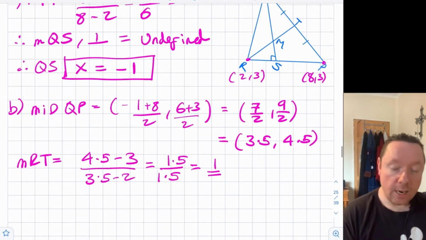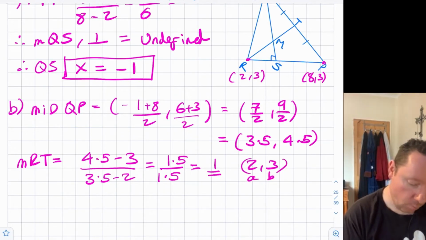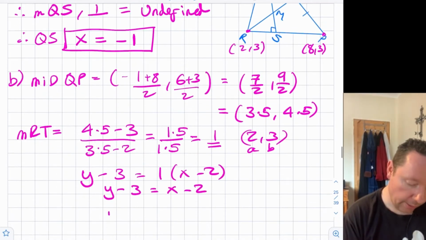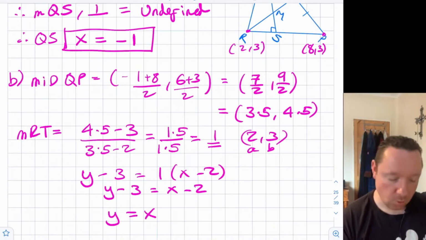So now we can use y minus b equals m(x minus a), and we might as well just use the whole number ones, 2 and 3. So using the point (2, 3) as our a and b, then y minus 3 equals 1 times (x minus 2). So y minus 3 equals x minus 2, or y equals x minus 2 plus 3, which is y equals x plus 1.